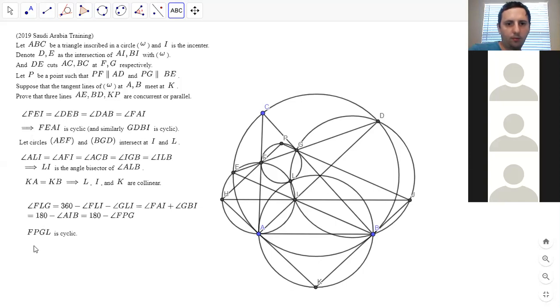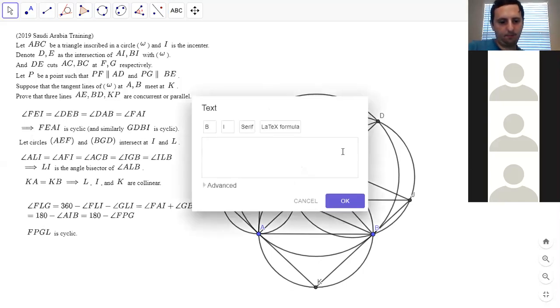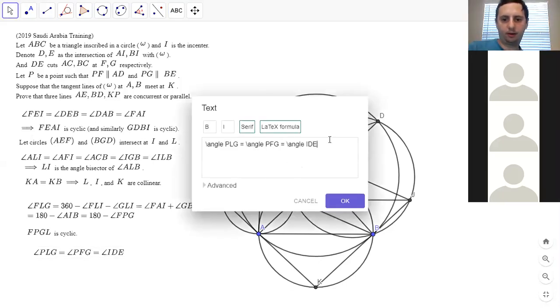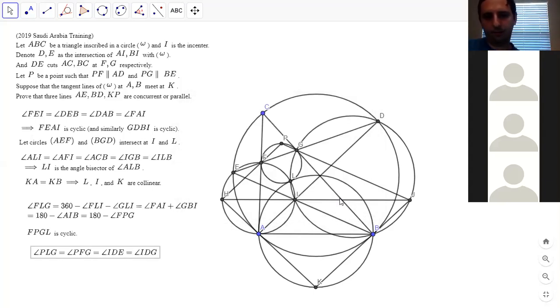Yeah, so is that right? PLG is PFG, which is IDE, which is IDG. So that basically shows that PL and I are collinear.